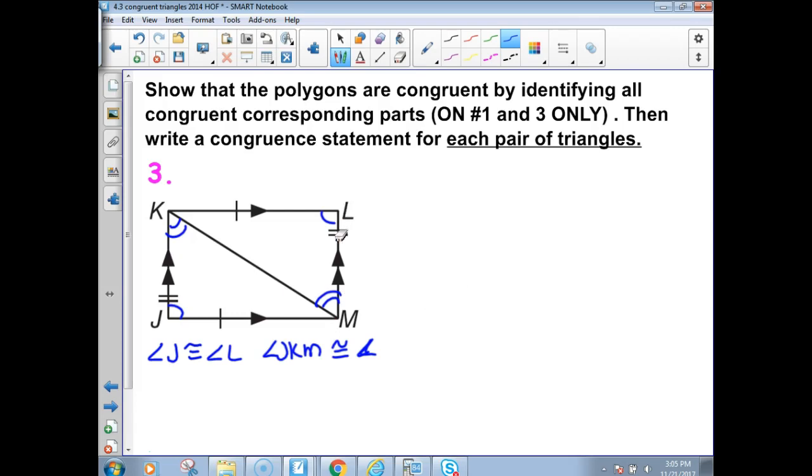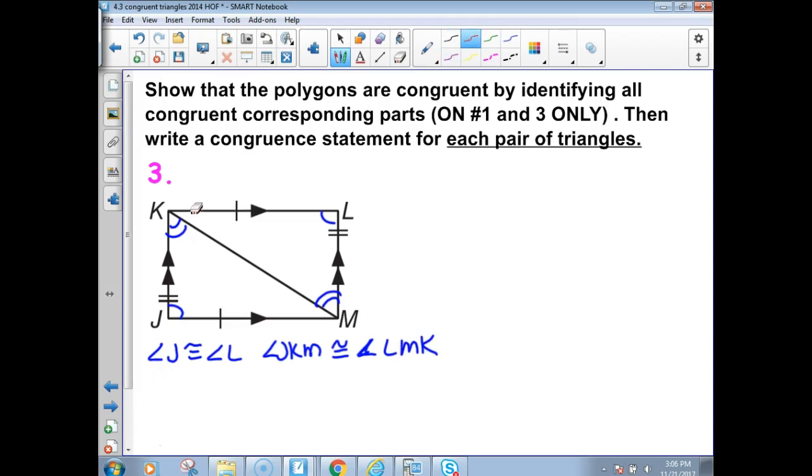How am I going to name the other one down here? It'll be, I started at J, went to K, then to M. L to M to K. Okay, LMK. This is real important. Okay.